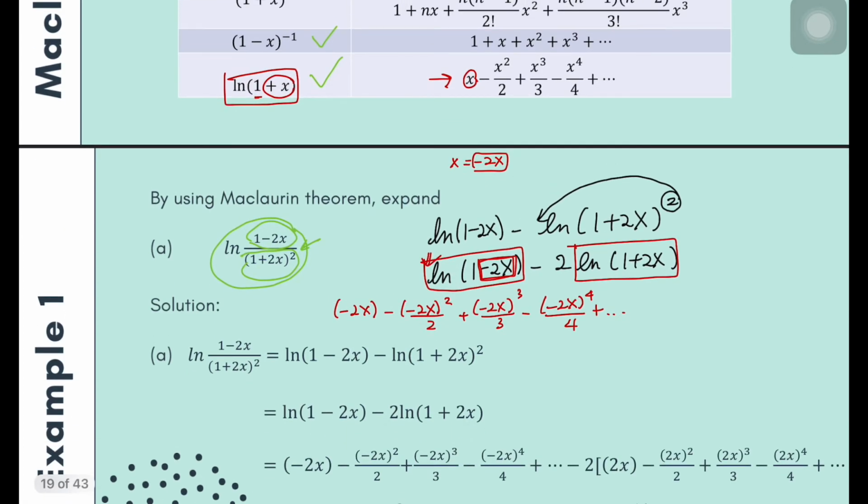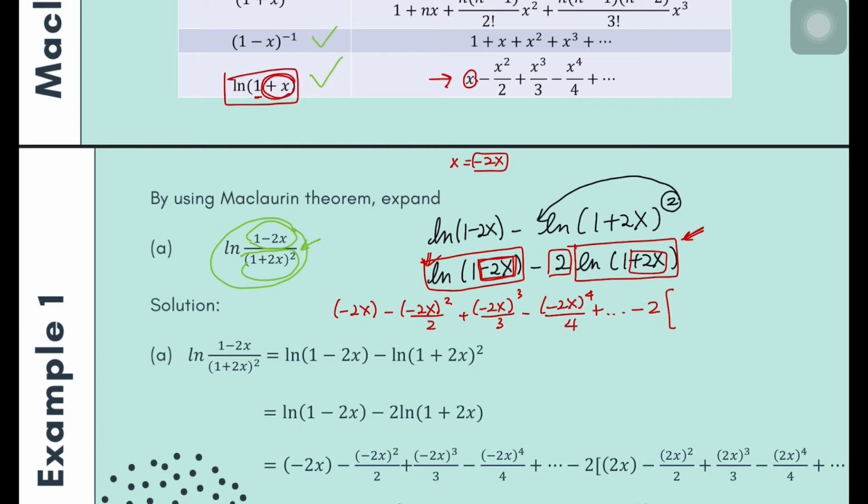Alright, and then we have minus 2. You have 2 here, and you need to find the expansion of ln(1 + 2x). You must have the function in the form of ln(1 + x), but now you have 1 plus 2x, which means that your x is actually 2x.